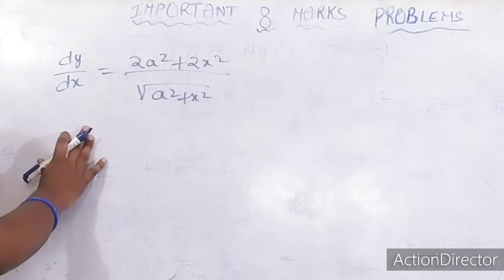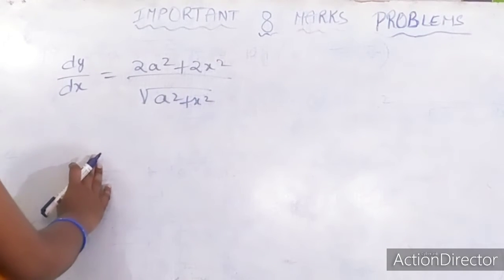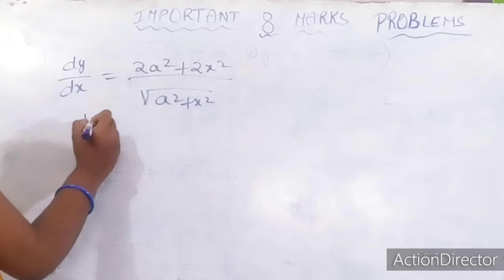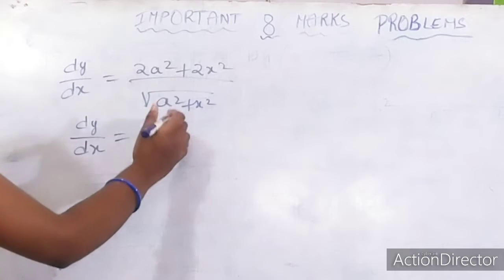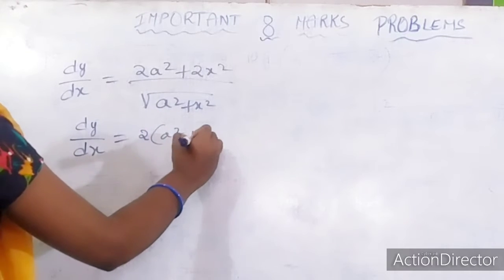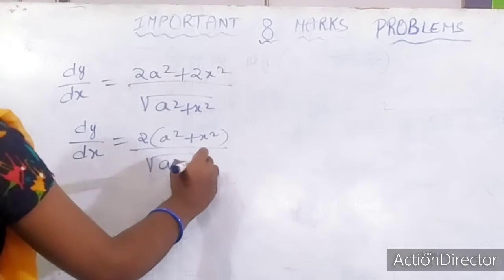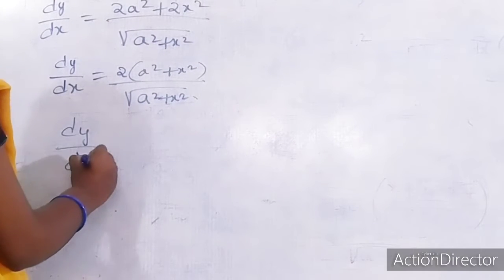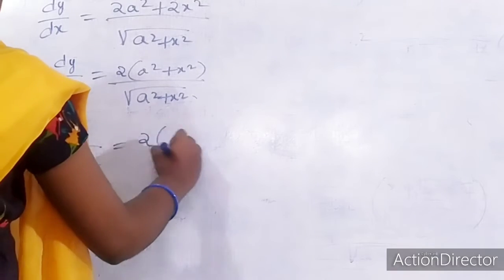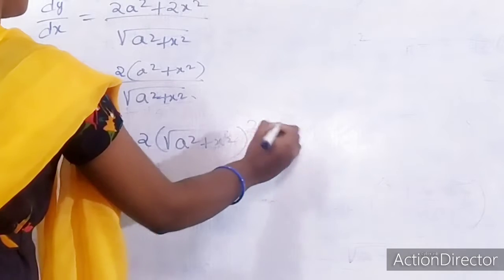dy by dx is equal to 2a square plus 2x square divided by root of a square plus x square. By simplification, we take 2 as common: 2 times a square plus x square divided by root of a square plus x square. Here a square plus x square is root of a square plus x square whole square.